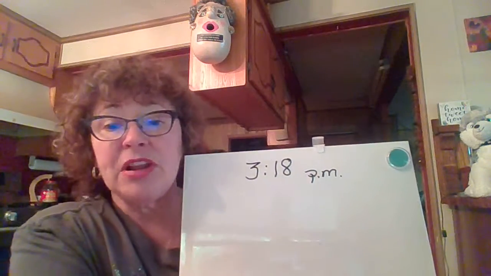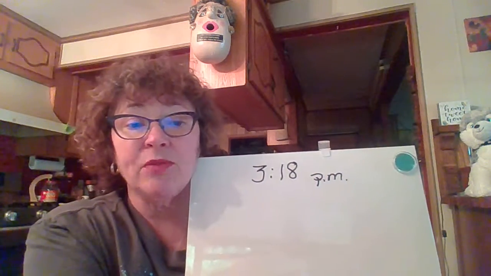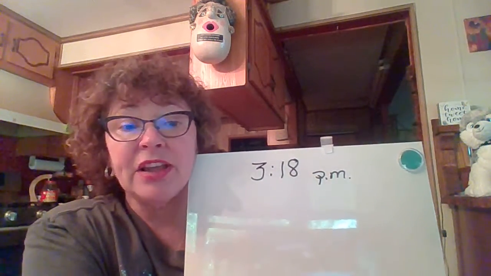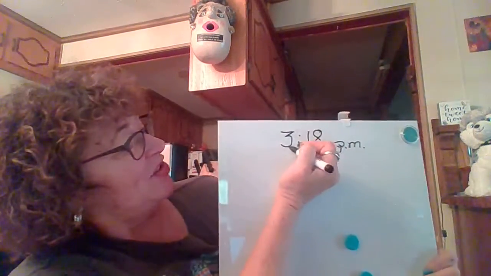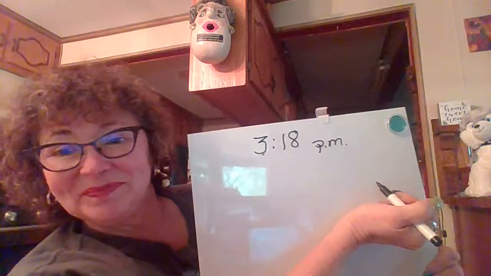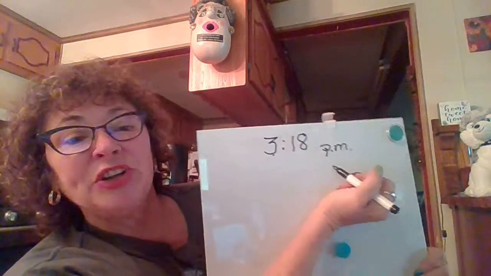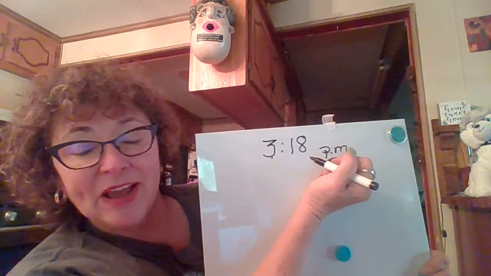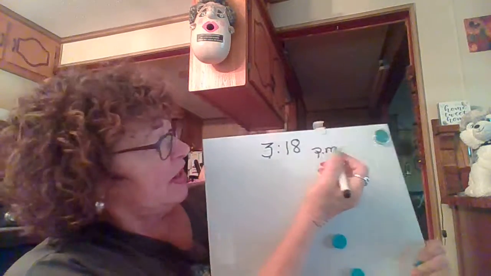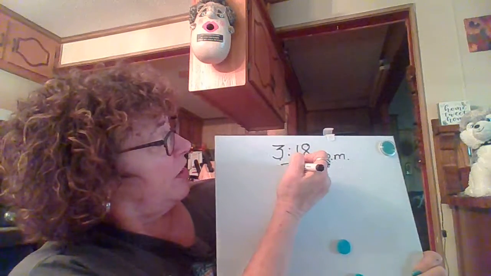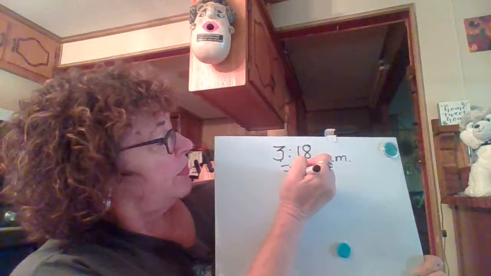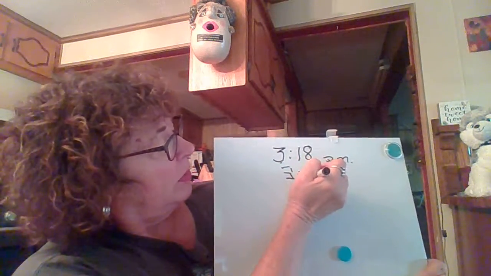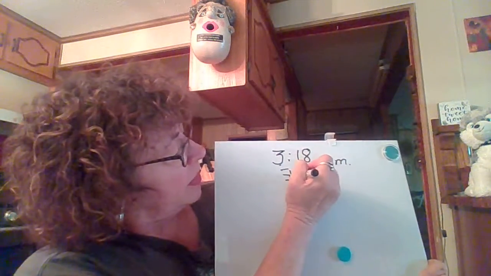Okay, now I'm going to give you a quick review of how to write time like you would see on an analog clock. And actually, that's it. Easy, huh? When you write out the time, that's kind of what you see on an analog clock, only they're squared numbers.